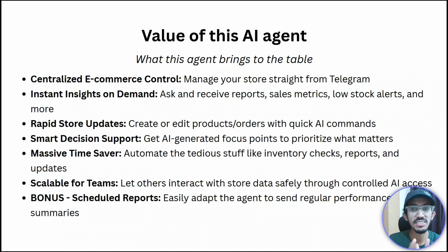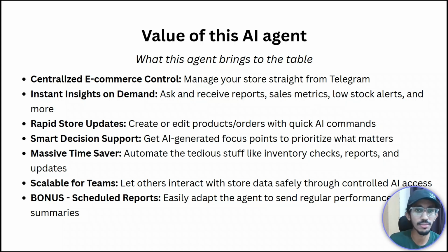Ask for reports, sales metrics, low stock alerts, and get them almost immediately. Rapid store updates. Need to quickly create a new product before launch or edit an order detail? Do it with quick AI commands. Smart decision support. Those AI-generated focus points help you prioritize what truly matters for your store's health and growth.